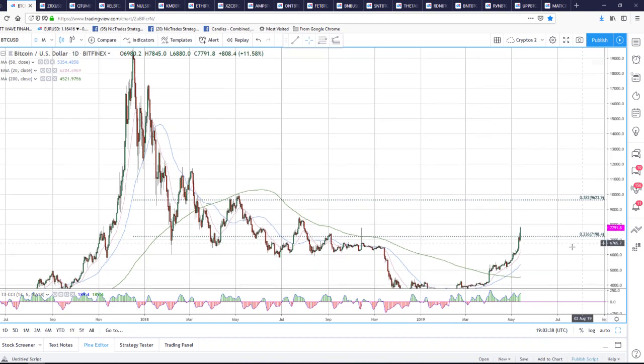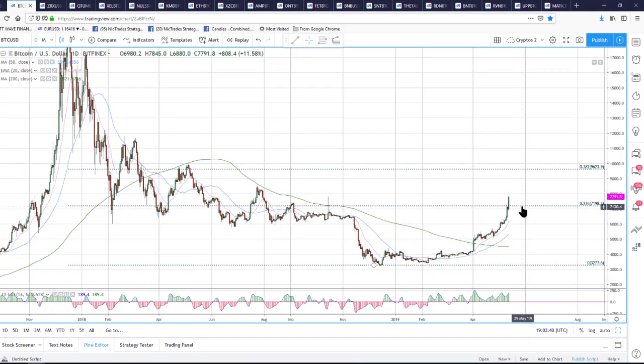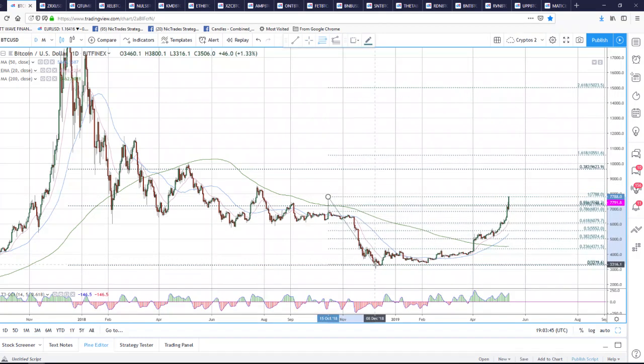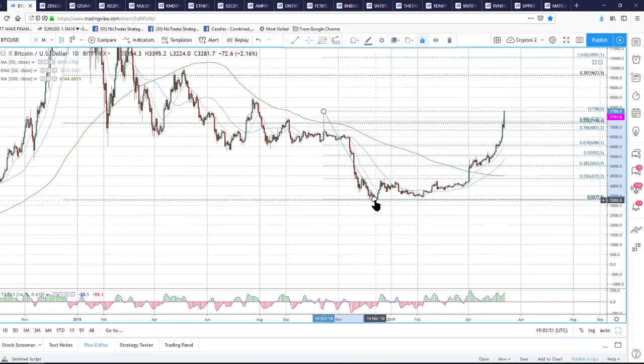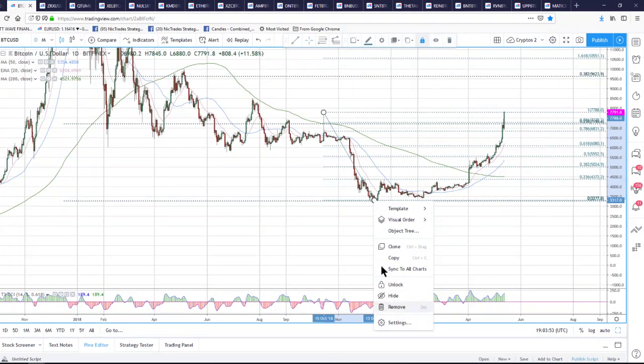And when you want to know if you've drawn your fibs right, for example, when we were looking down here at the most recent swing lower, the first thing you want to see is if you get a reaction at the 236 fib.